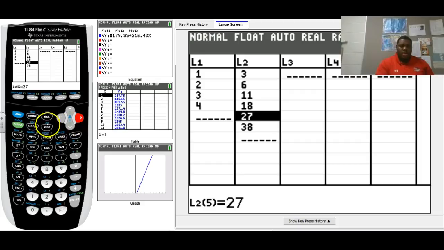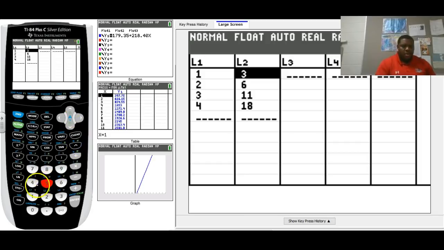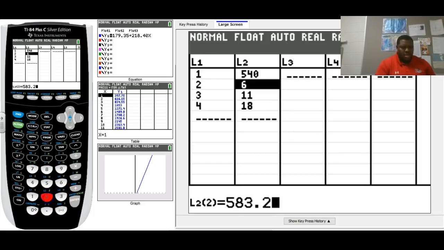And over here, you plug in your y values, which are $540, $583.20, $629.86, and lastly $680.24.